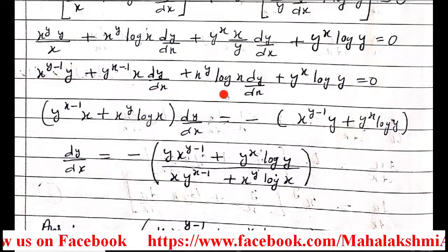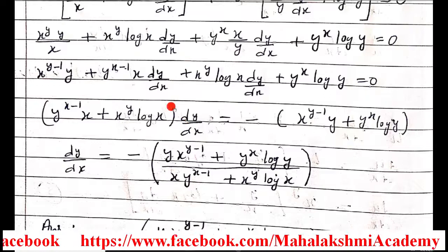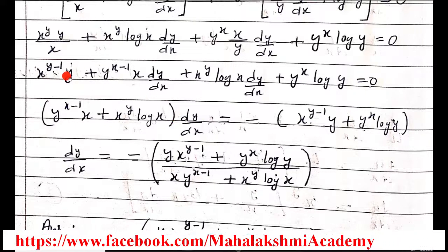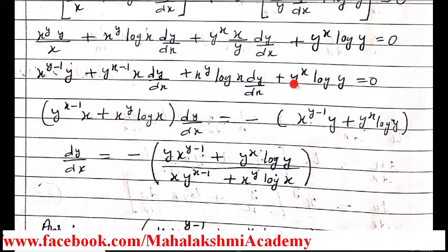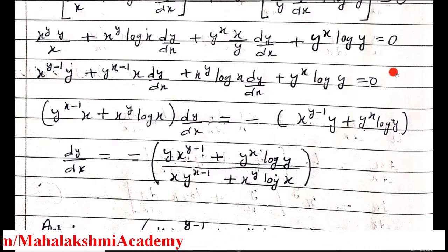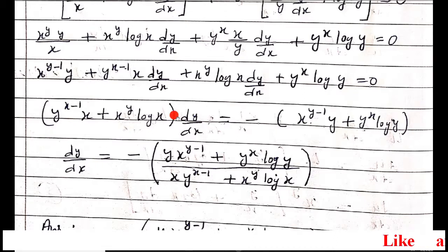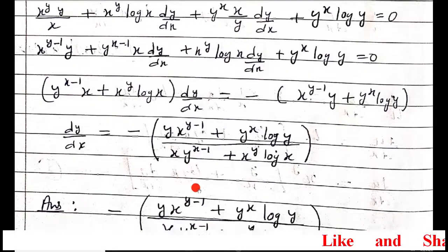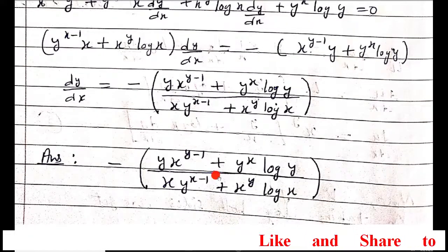Now from these two terms take dy over dx common, so we'll get like this. And these two terms don't have dy over dx, so shift them to the right hand side, so both become negative, that's why take minus common. So we'll obtain like this. Now this bracket is in multiply, so it will go in divide. So that's our answer. Thank you.